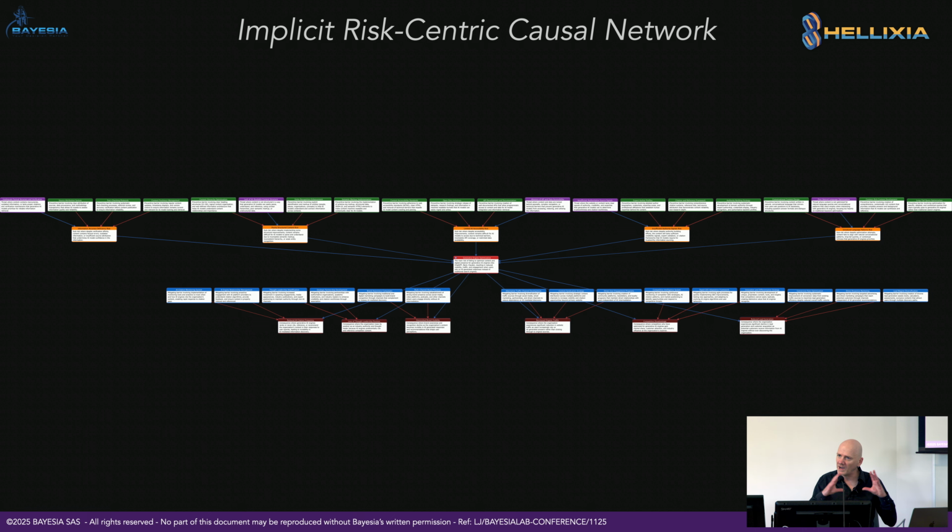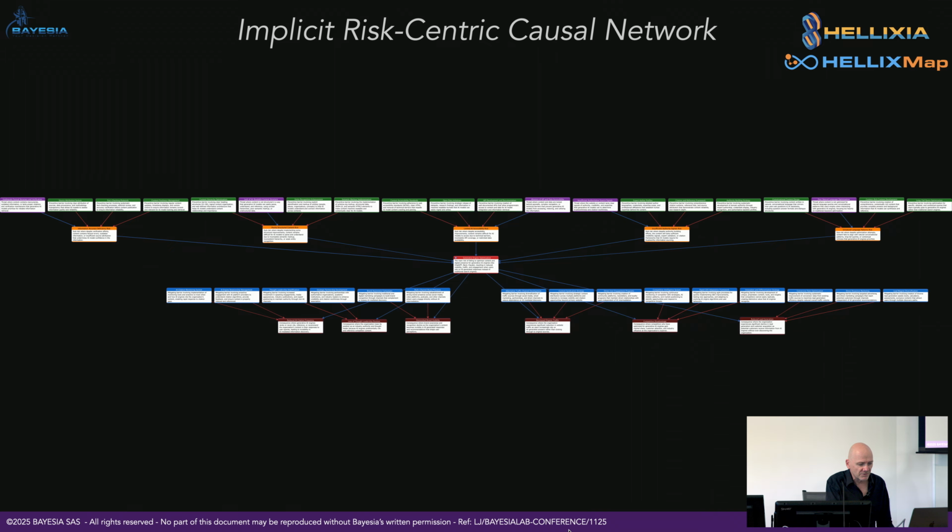The target is your main risk, and then we identify the threats, the preventive barriers that you can put in place, the effects, and the mitigating barriers. This is done automatically with Helixia.